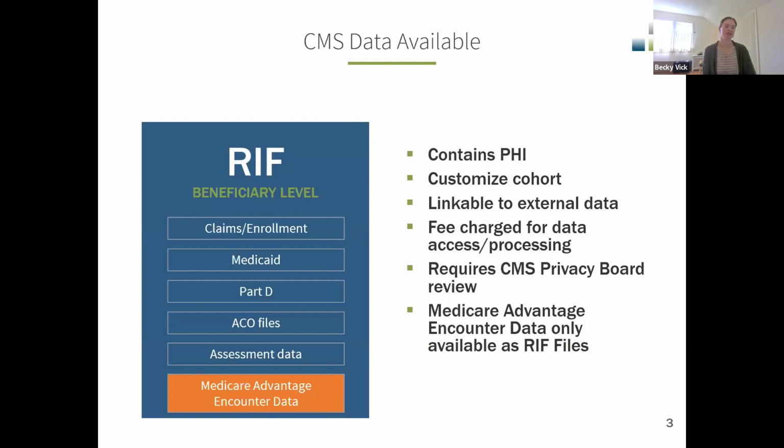A researcher can even submit identifiers like social security numbers if they have a list, and then the CCW, I believe, will identify those members for them using those identifiers. It is also possible that these data can be linked to external data sources if a personal identifier is available. So that's also an option.